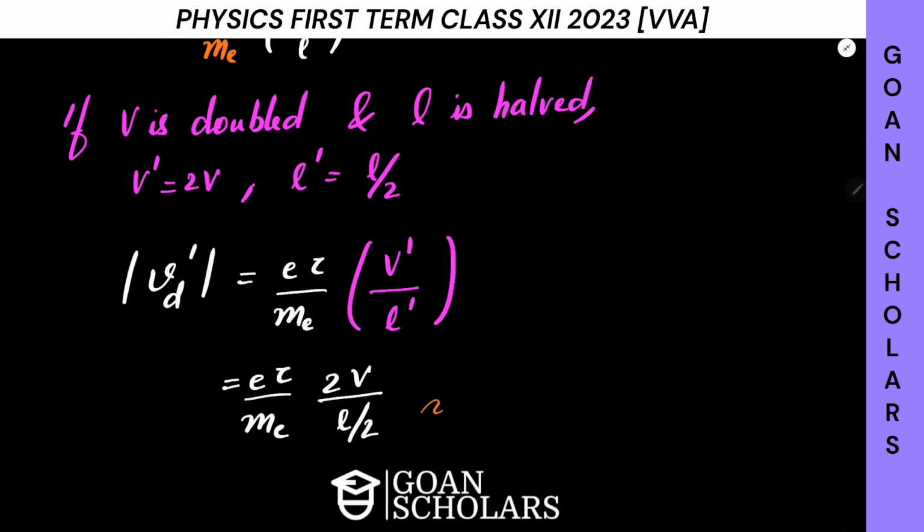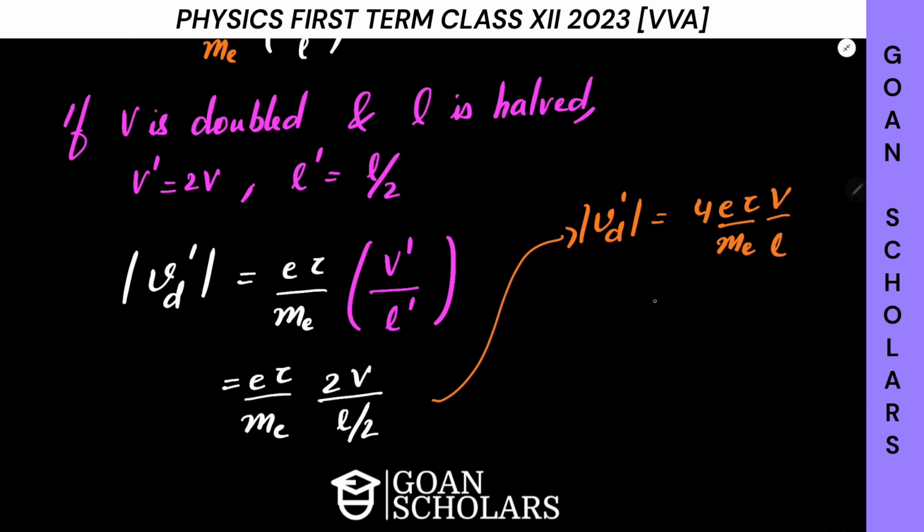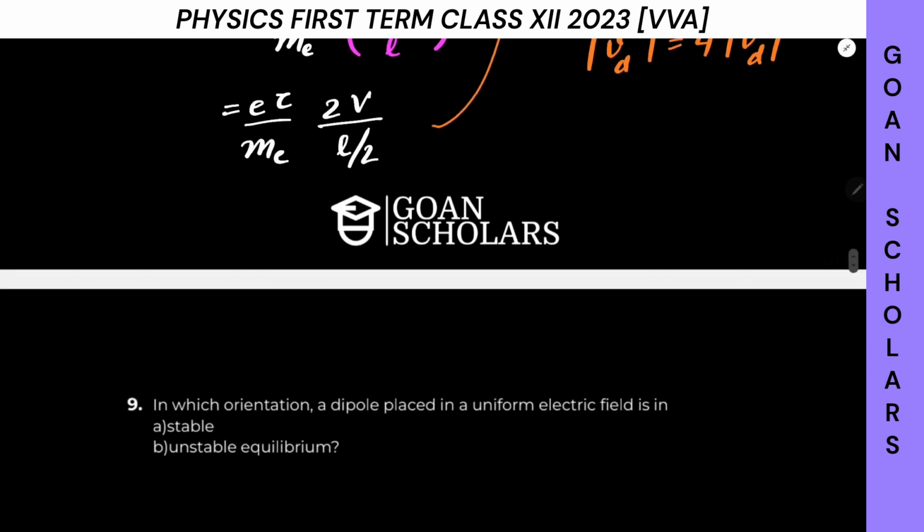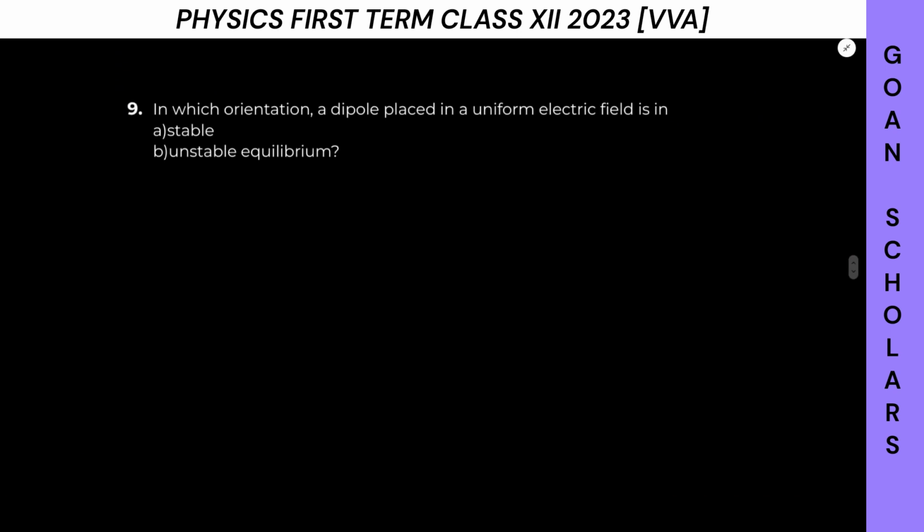I am writing here: Vd dash will be equal to 4 times E tau by Me into V by L. Now this E tau V by L by Me is nothing but our previous drift velocity. So the new drift velocity is 4 times the previous drift velocity. Correct? So this is our result for this particular problem. Let's see the 9th one.